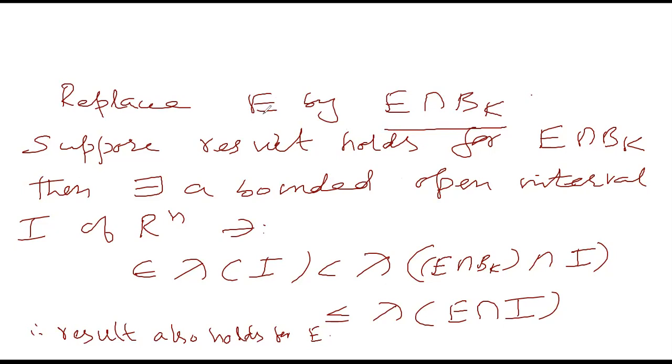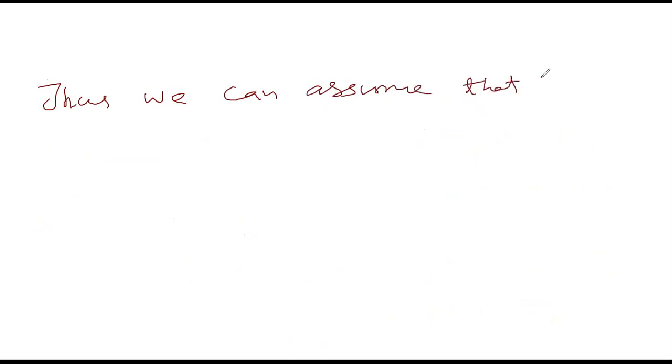Therefore we can assume that the Lebesgue measure of E is finite, because if it is true for subsets of Rn having finite measure, then it is true for any subset of Rn, obviously of non-negative measure.